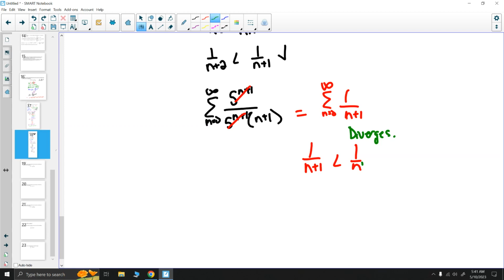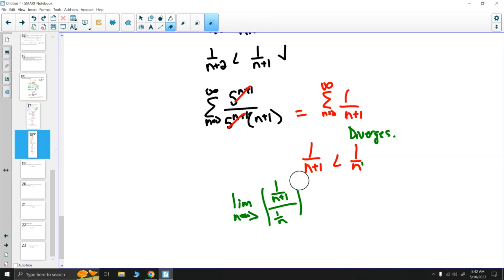So instead, what we're going to do is take the limit as n approaches infinity of the ratio of these two things. So essentially 1 over n plus 1 and 1 over n. What we want to see is that if we take these two things as this goes to infinity, if it goes to a constant that's not infinity, then they're going to both converge or both diverge.